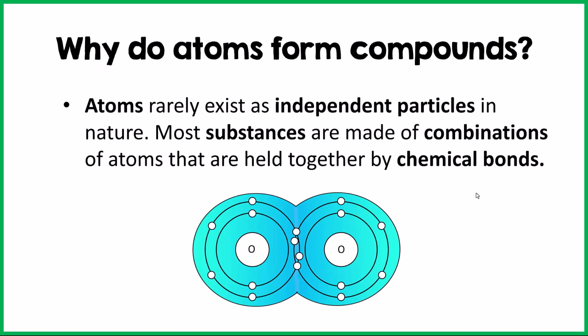But as you can see, even oxygen gas is a combination of 2 atoms of oxygen. So the formula for oxygen gas is actually O2. And these 2 atoms of oxygen are bonded together by sharing electrons.